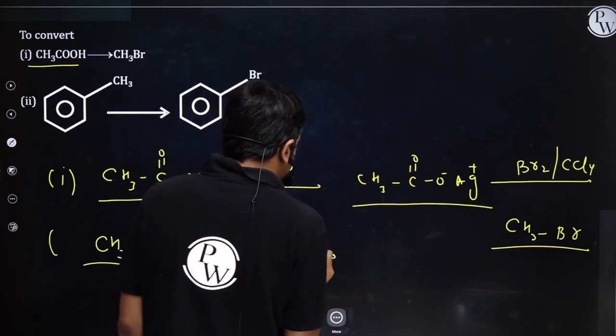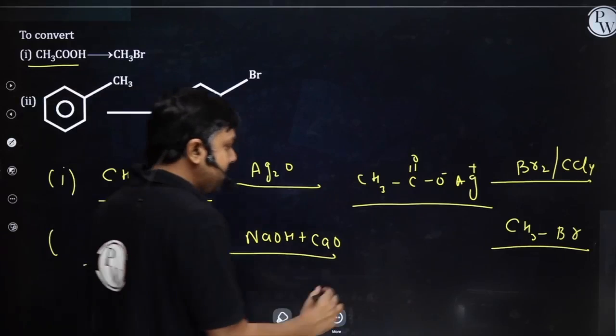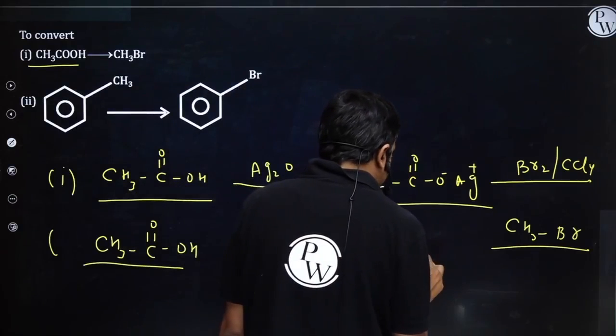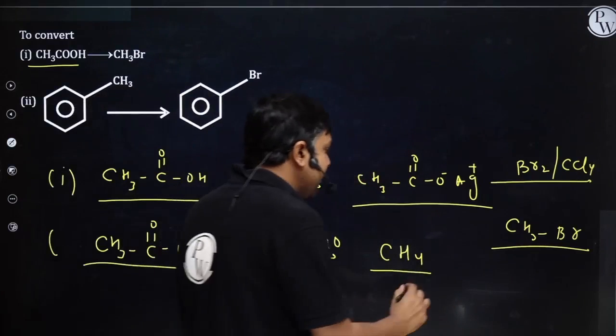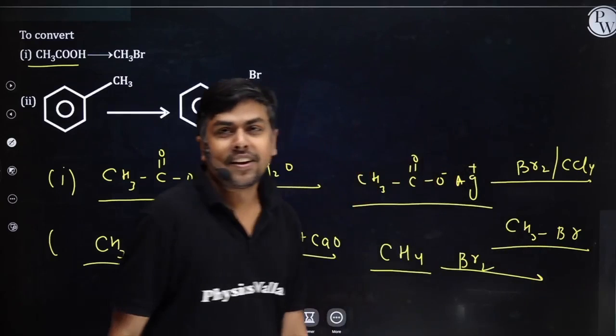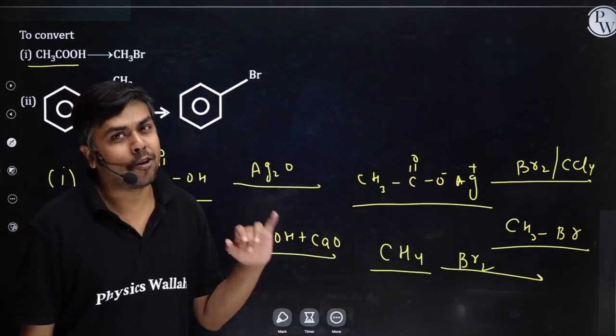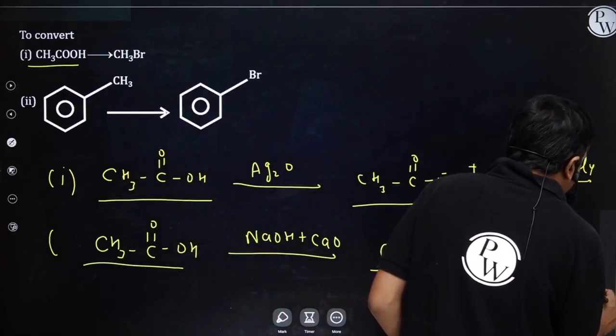NaOH plus CaO. This soda lime will do decarboxylation and I will have the formation of methane gas. Now this methane will be treated with Br2, right? Photohalogenation of methane will give me CH3Br.